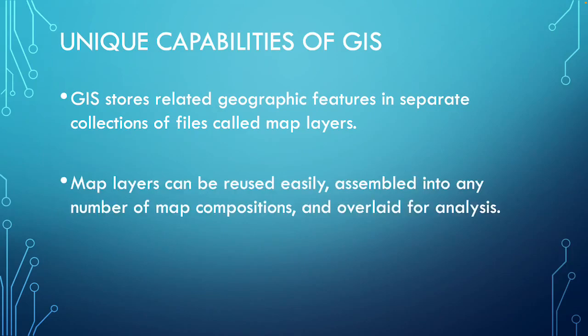And because everything is digital, you can reuse these, you can do analysis on something and add it to another kind of map. You can resize things, you can show things in different ways. There are some limitations, but for the most part, the sky is kind of the limit. You can reuse these data all the time. You can do different kinds of things with it, even in the same map.